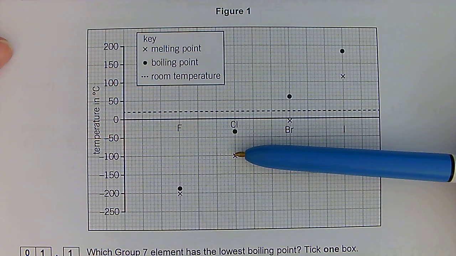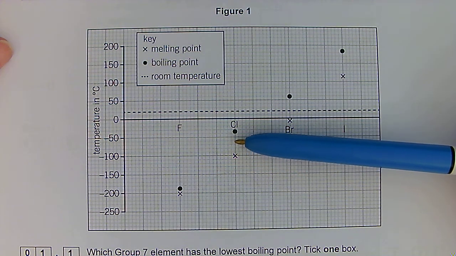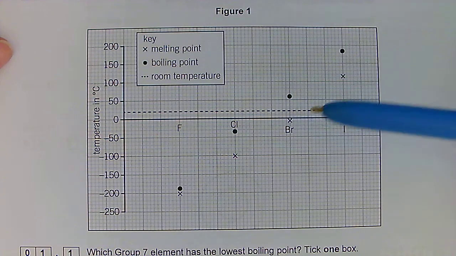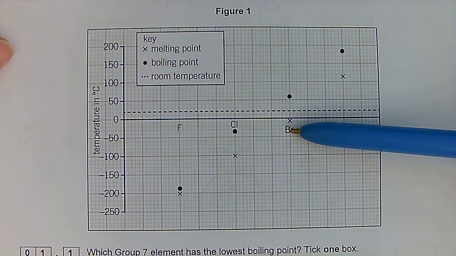So solid chlorine will become liquid chlorine. And then at this temperature here, which is about minus 35, chlorine will start to boil and it will become a gas. Okay, we can see the same here with bromine.